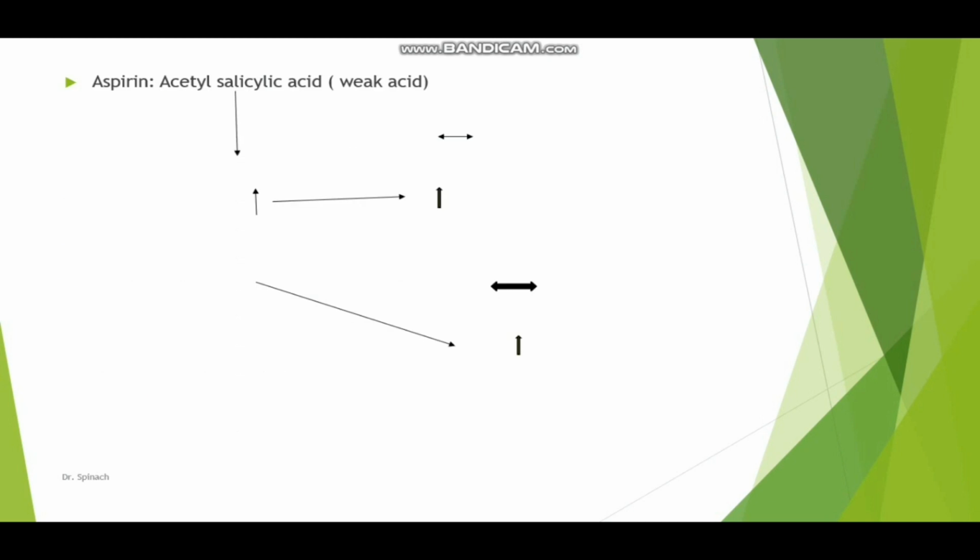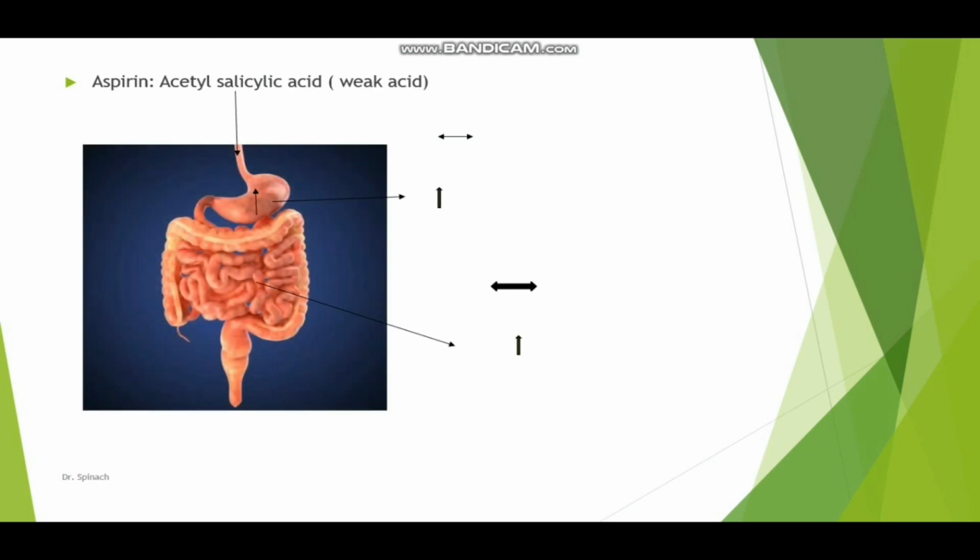Let's say you have taken aspirin, which is a weak acid, through the mouth. It goes into the esophagus and then to the stomach. And we all know the pH of the stomach is very low because of the increased H+ ion secreted by the parietal cells. Assuming that the unionized form of aspirin is HA, which dissociates reversibly into H+ and A- until the equilibrium is reached on both sides.